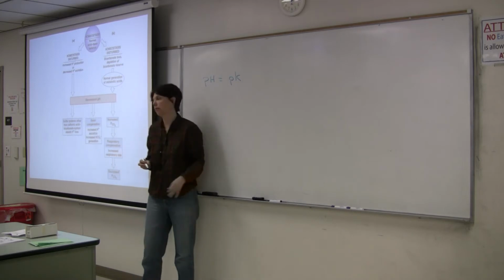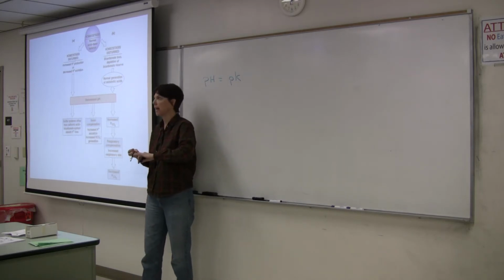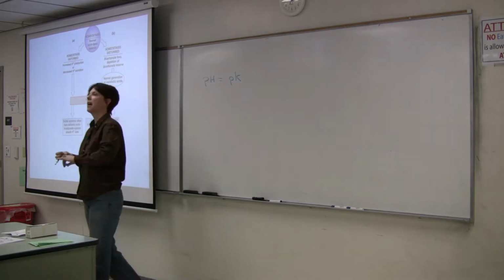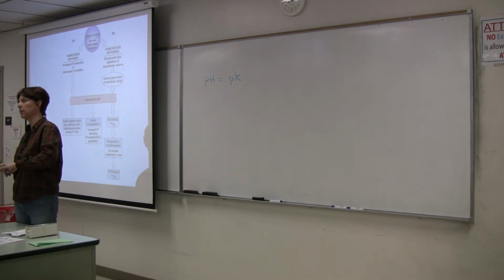This is a recognition of the affinity, the dissociation rate between carbon dioxide and carbonic acid. It's specific to temperature. So the value that we use is the pK of carbon dioxide and carbonic acid at body temperature, 37 degrees. If you look at the pK at cooler or hotter conditions, it will be different.